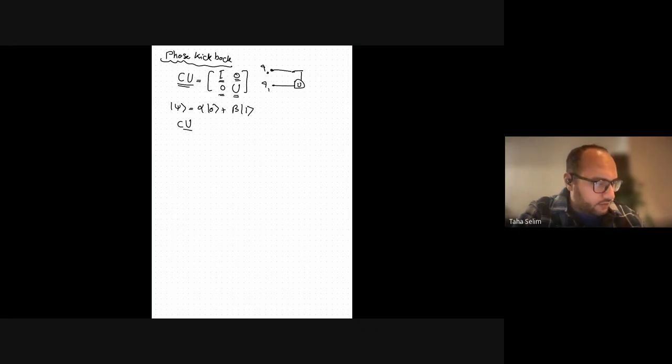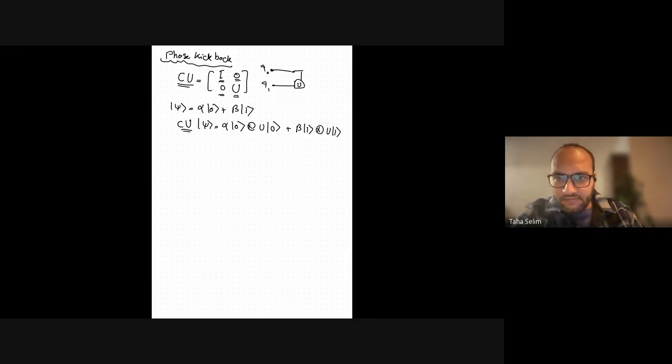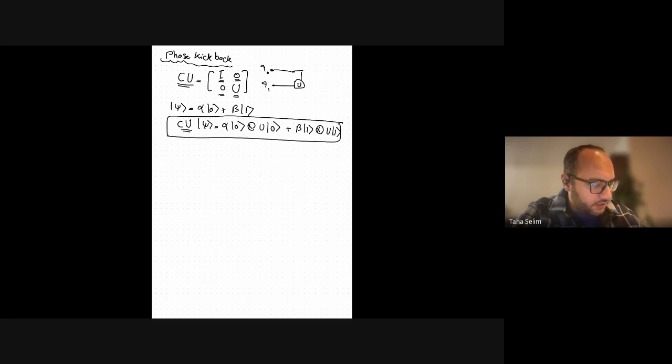And the CU will act on psi, then I get something like this. So now I get an alteration to the phase. Okay, so we're gonna see an example of this shortly.